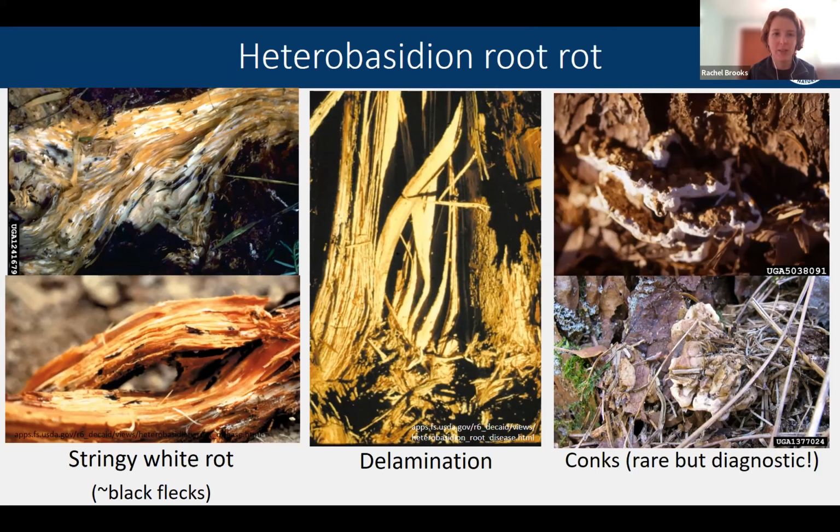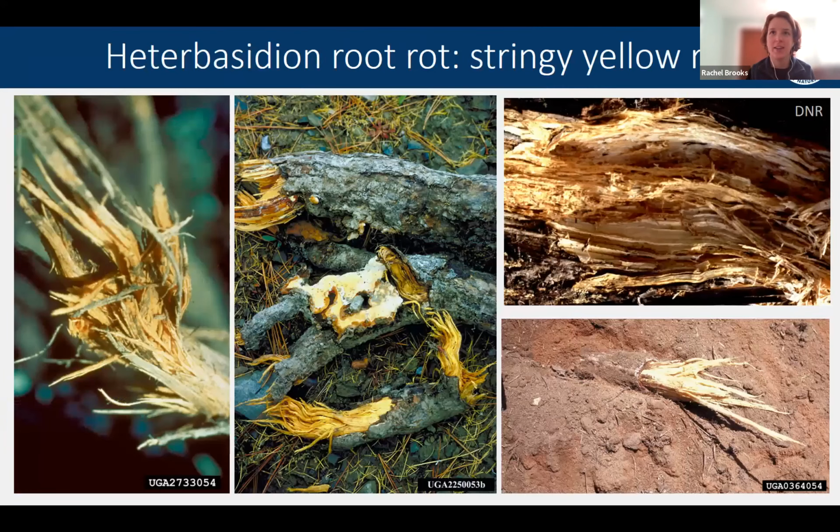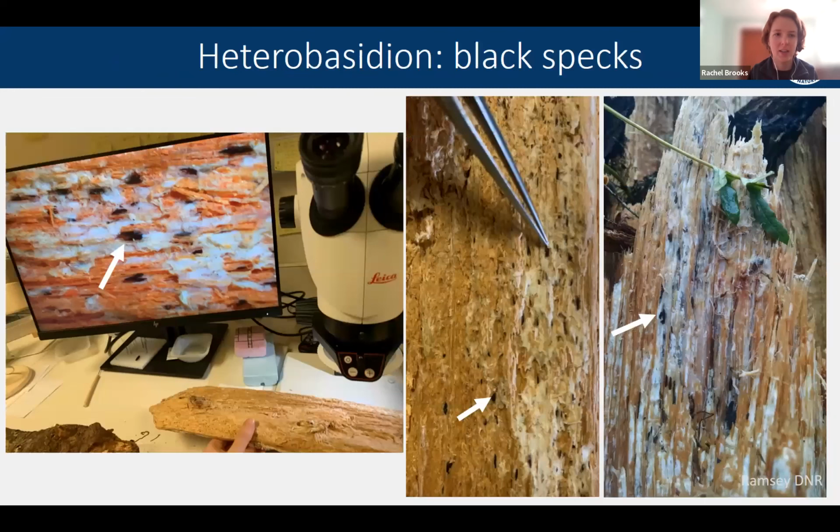So hopefully the slides progress. I've switched to the next slide that shows Heterobasidion root rot with some stringy yellow rot pictures. You can see this is sort of a typical white rot, but it does tend to be a little fibrous. And then here's another slide where you can see some pictures of those black specks in the rot.